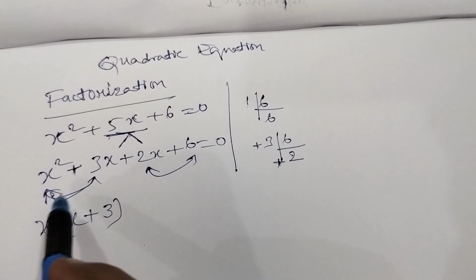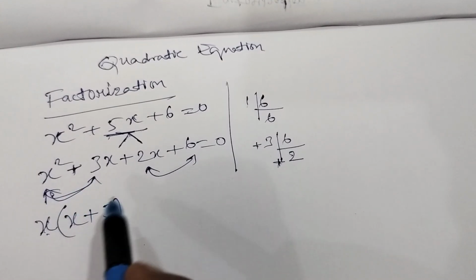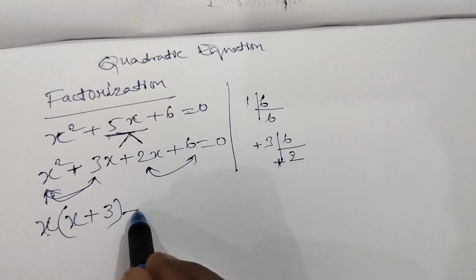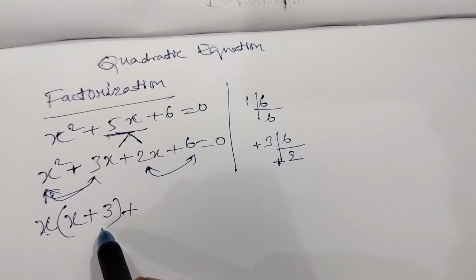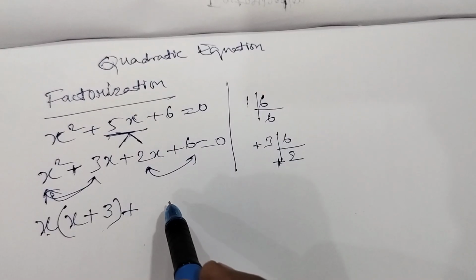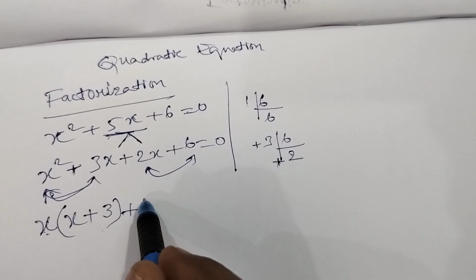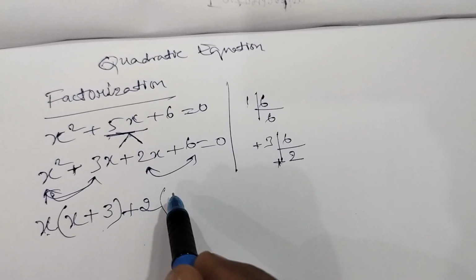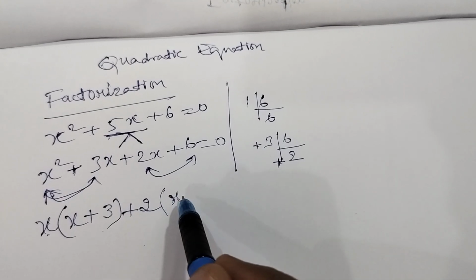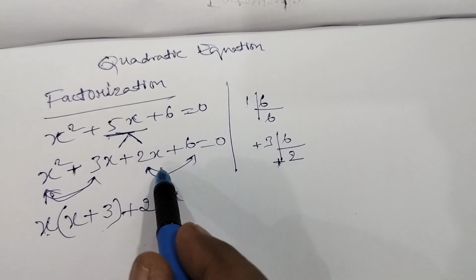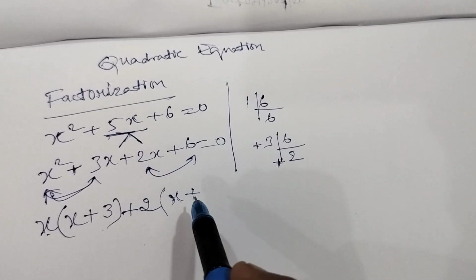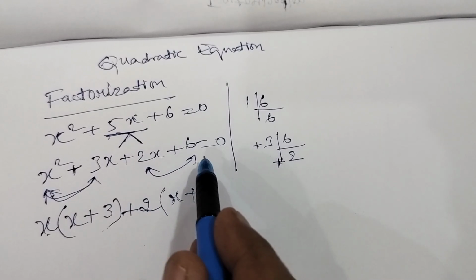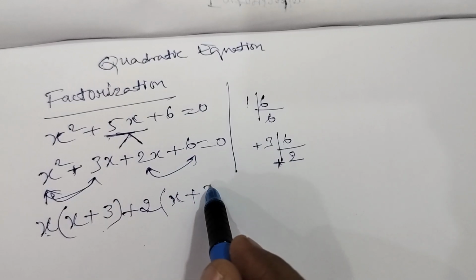Similarly the plus symbol you write, and whatever factor repeats here, x plus 3, the same factor appears here. For 2, I will take out the common factor: 2 times x is 2x, then plus times plus is positive, 2 times 3 is 6.